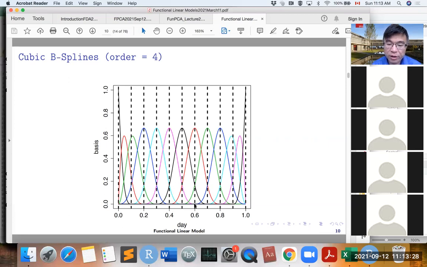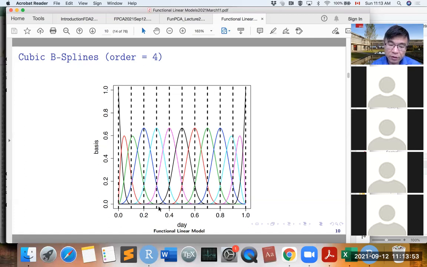First we need to define the location of the knots. Here, from 0 to 1, I defined 11 equally spaced knots. Then we choose the order. For cubic B-splines, order equal to 4 is the degree plus 1.